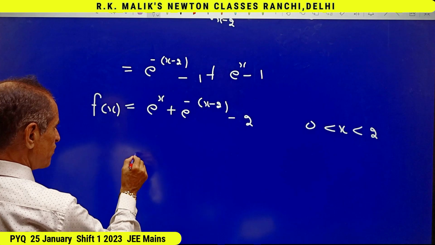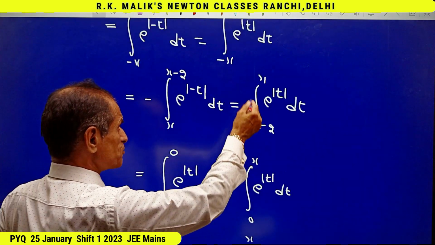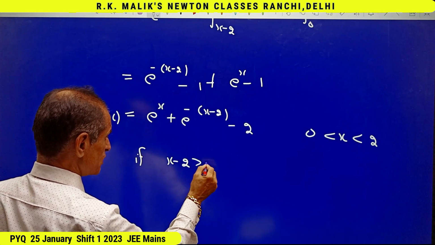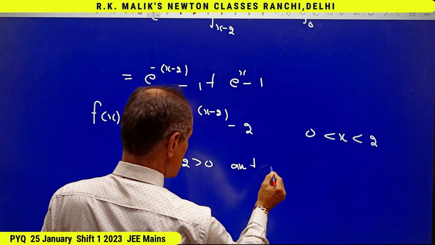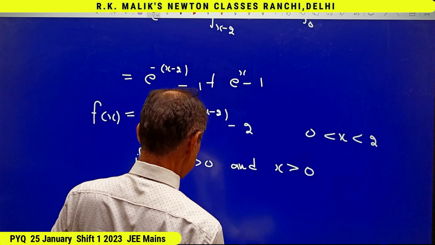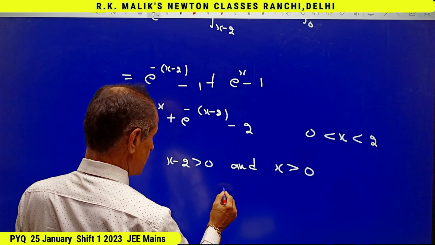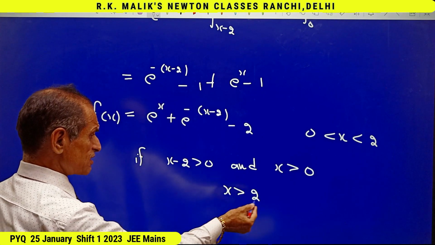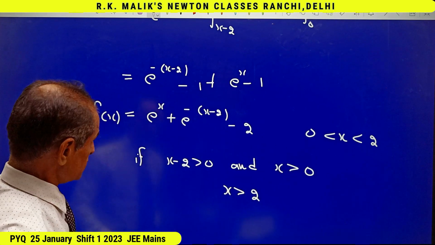And last, if both x minus 2 and x are positive, x minus 2 is greater than 0 and x is greater than 0, which clearly means x is greater than 2, because if x is greater than 2, this is automatically satisfied.